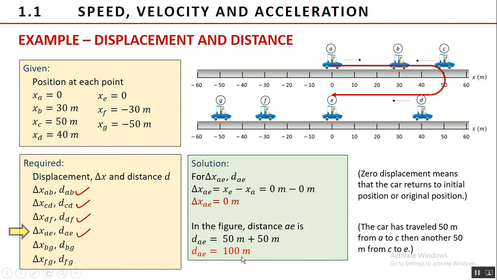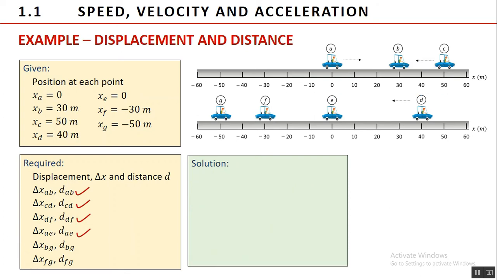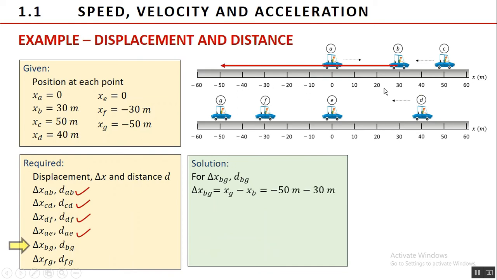So let's keep up. For displacement from point B to point G, subtracting x sub b from x sub g, that is negative 50 meters minus 30 meters gives negative 80 meters.